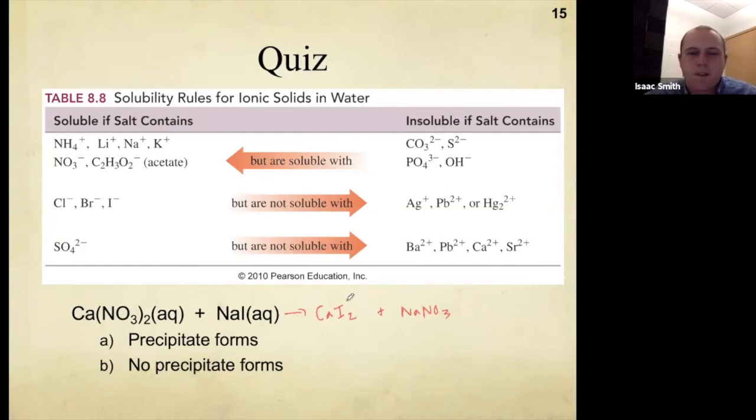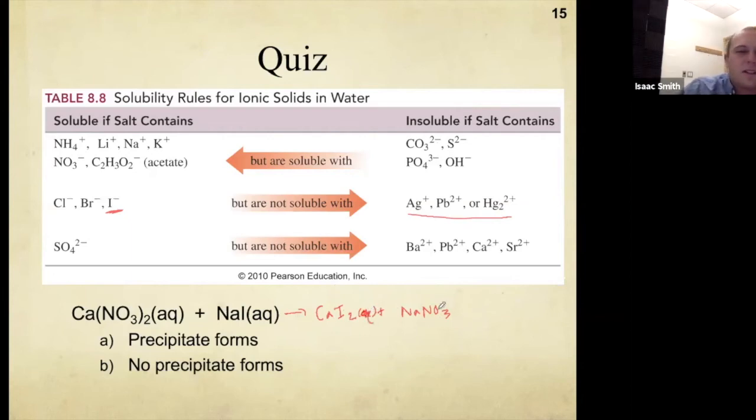Okay. All right, so let's see, is this one soluble or not? So iodide is soluble unless it's with any of these three cations, and it's not, so that means that it's going to be aqueous. It's supposed to be AQ. Okay.